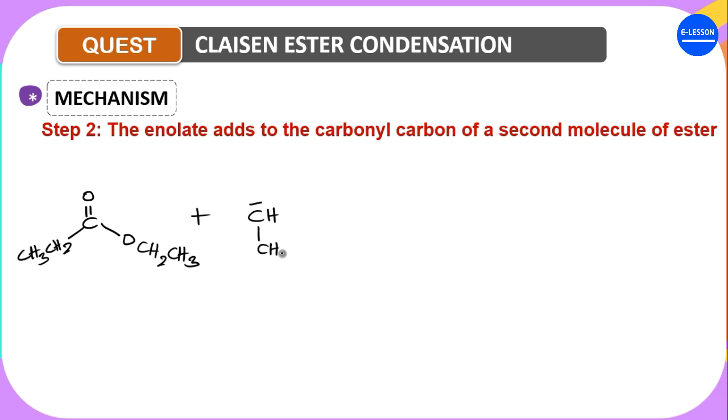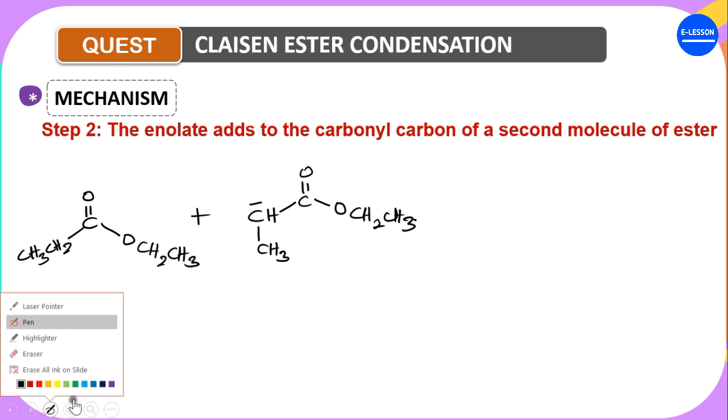I told you that this one has to come here, CH3, and then we have C double bond O, and then O CH2 CH3. Now how would the reaction go?